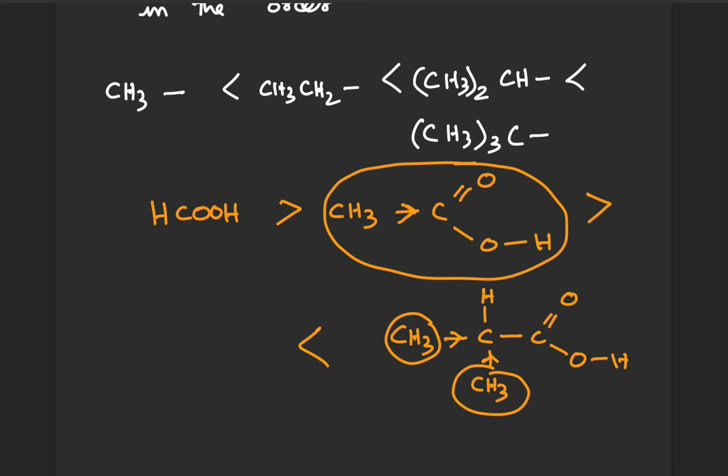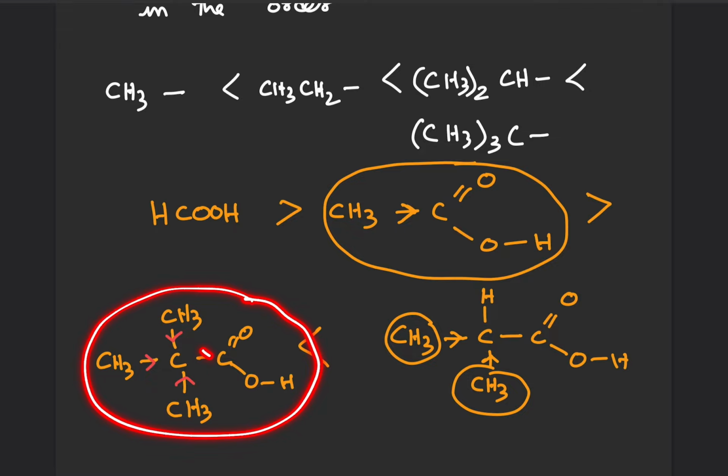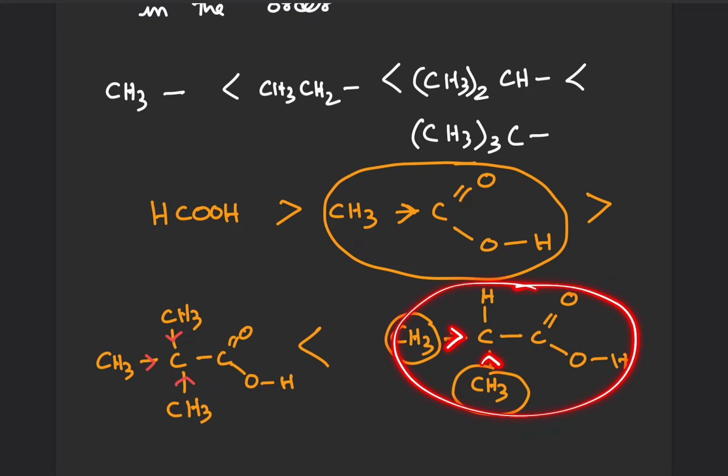The least acidic will be (CH3)3CCOOH. There are 3 such groups, 1, 2, 3, donating electrons to the system. Here 2 groups are donating, which is why this is more acidic than the 4th. Therefore this is the 1st, 2nd, 3rd and 4th. This is the order.